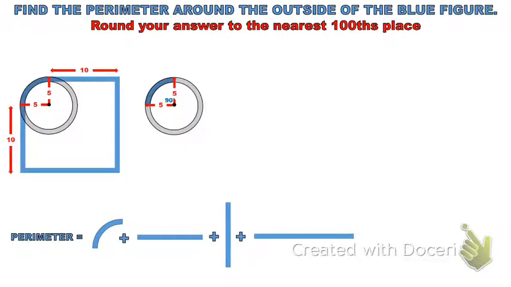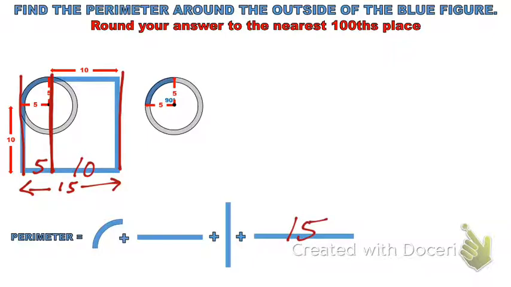Now we're going to go with the longer horizontal line segment, and this one might be a little tricky. From here to here is 10, and from here to here is 5. So this whole distance across this horizontal line segment is 10 plus 5, or 15. So this has a length of 15.